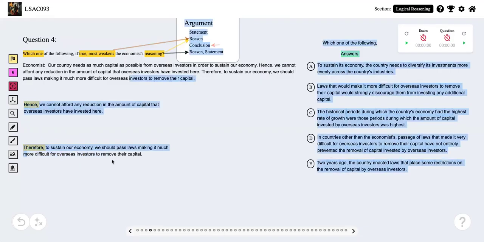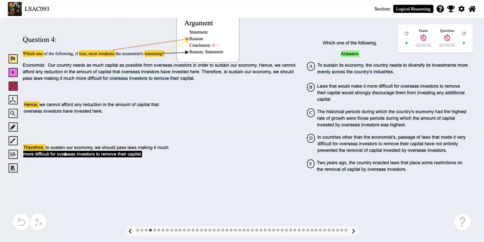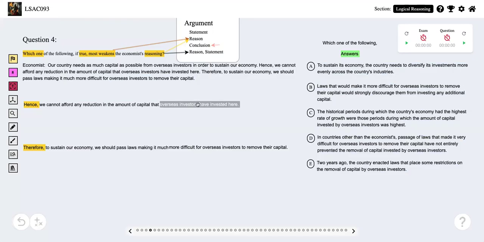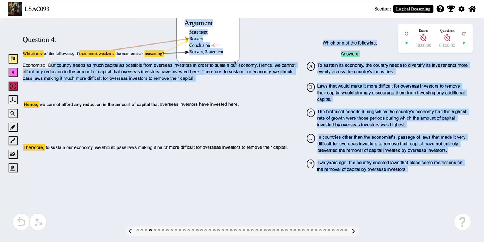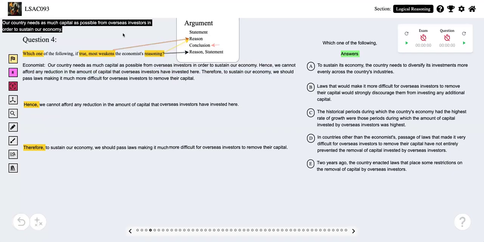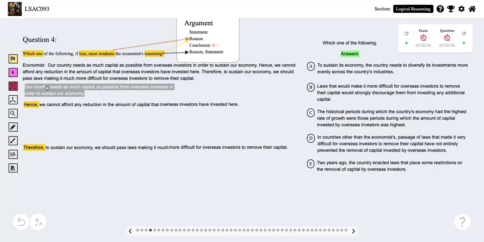So if we go ahead and highlight this, move it over here, and we highlight this, move it over here, it appears that this particular topic sentence, once copied and pasted, gives us a clearer picture of how this is organized.